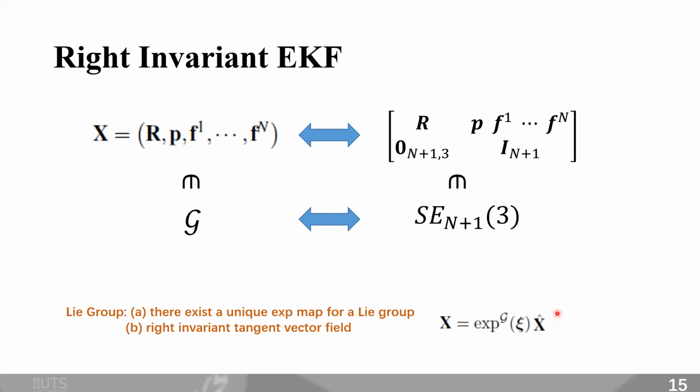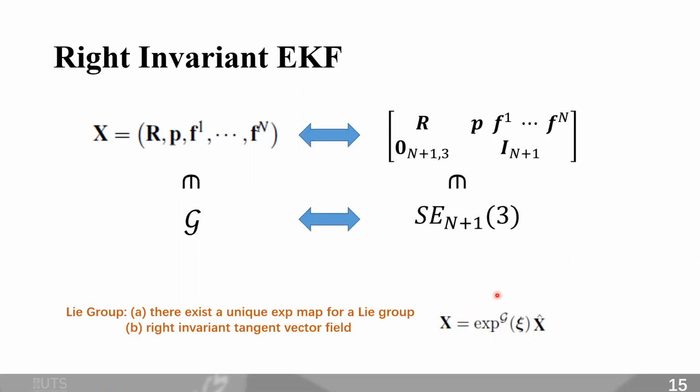So we just need to investigate the tangent vectors or the errors near the unit element, and we can multiply by a group element.